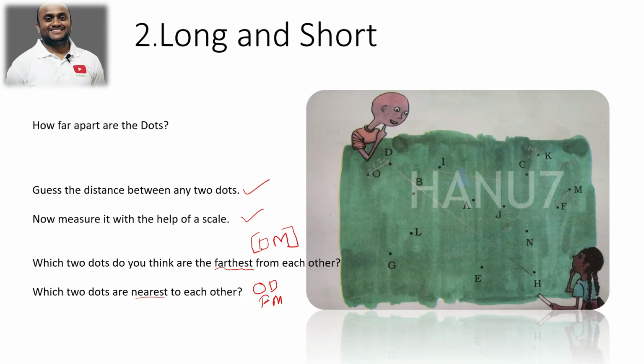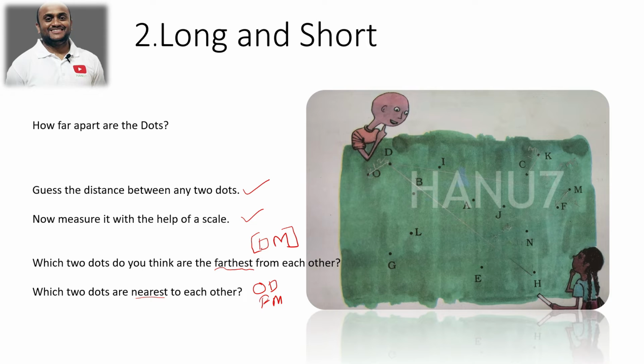This demonstrates clearly how you have to use the scale to measure the distance, and how you can guess by looking only, saying this is bigger and this is smaller.